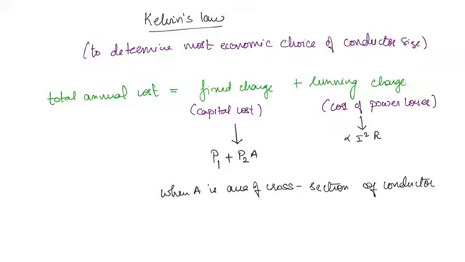It is inversely proportional, since R is equal to rho L by A. So you can represent it as P3 divided by A. So the fixed charge is proportional to the area of cross section and the running charge is inversely proportional to the area of cross section. Here this is the proportionality symbol, so don't get confused.